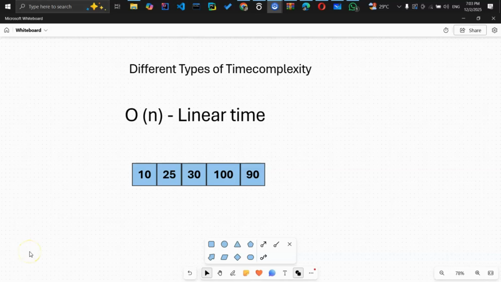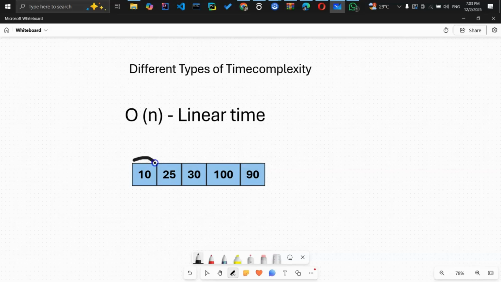If you want to search 100 in this array, you should check one by one. Is 10 equal to 100?